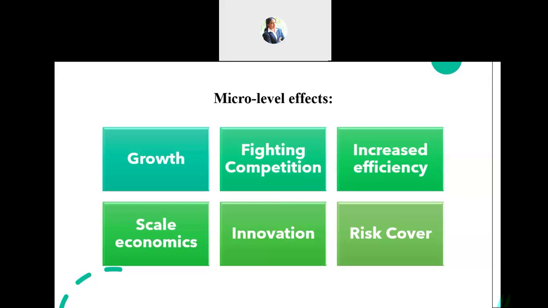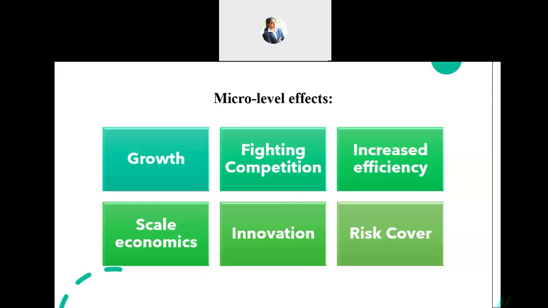The next one is innovation. Whenever a company operates in a large market, it can always afford to invest in research and technology development. It is established that compared to traditional mindset firms, innovation driven firms can always compete effectively.